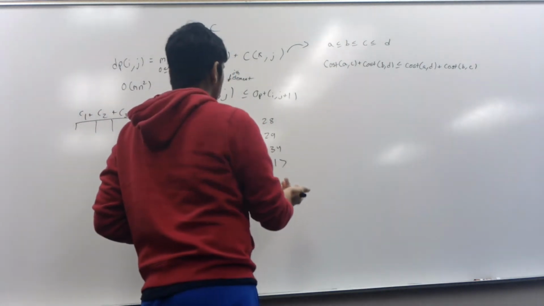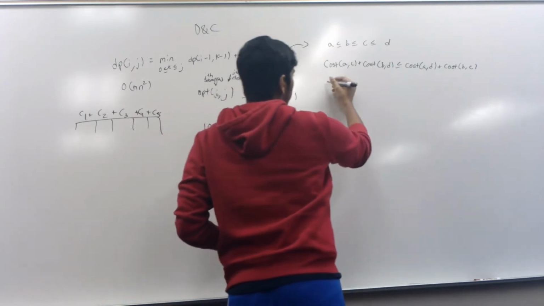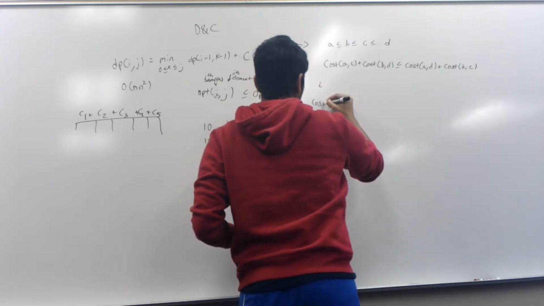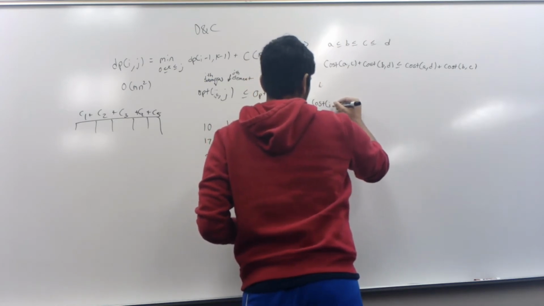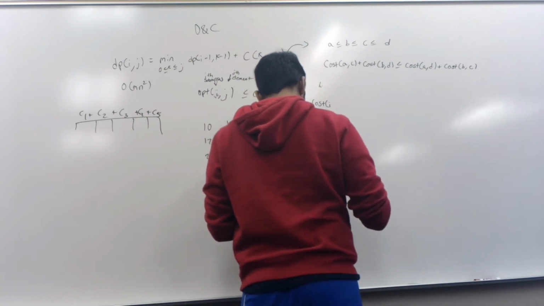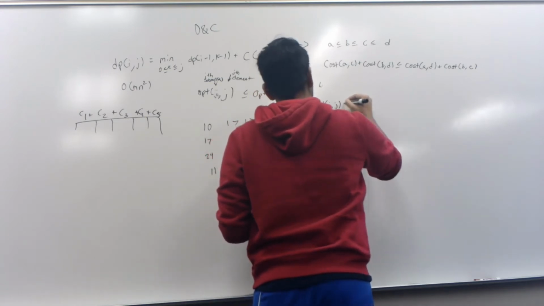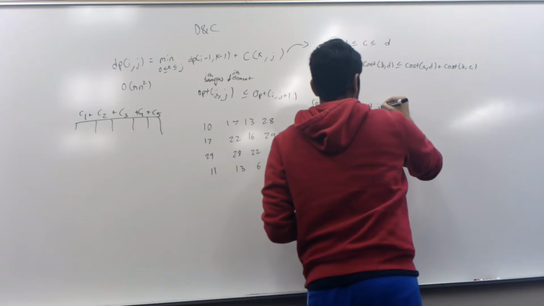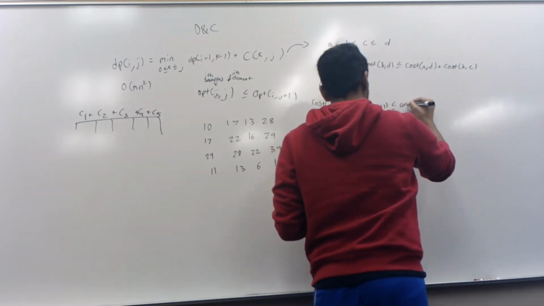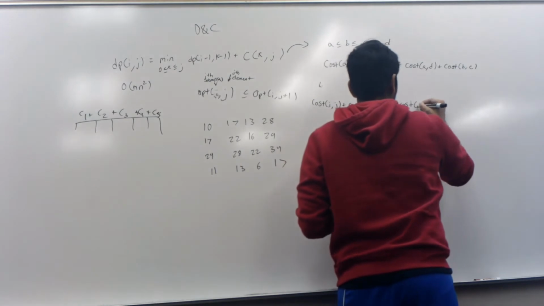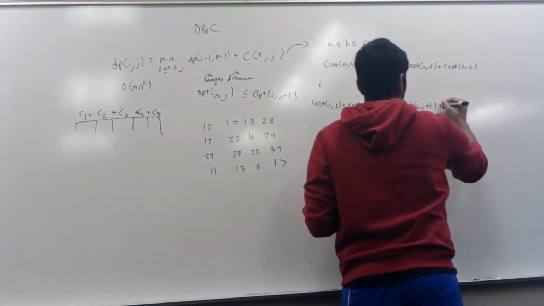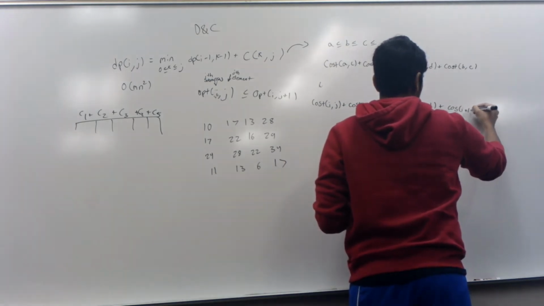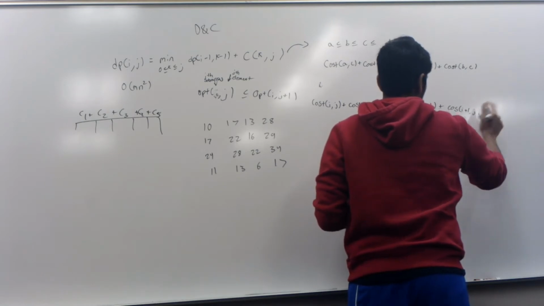One property is that this bidirectionally implies that cost(i, j) plus cost(i+1, j+1) is less than or equal to cost(i, j+1) plus cost(i+1, j).